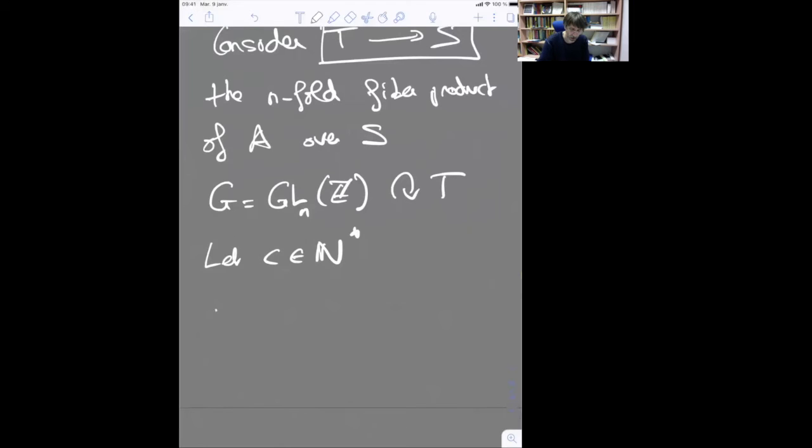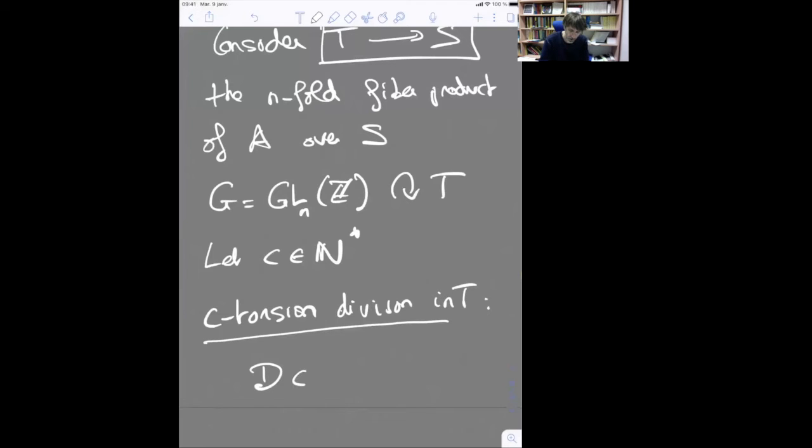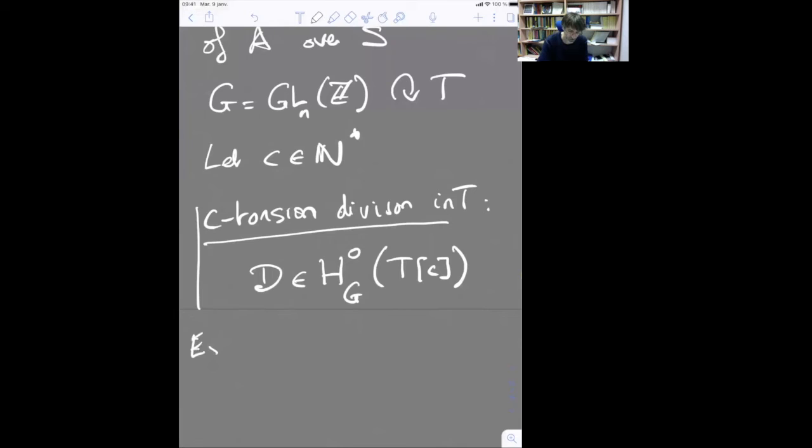Then I can consider what I will call a c-torsion divisor in T. This is an element D in the equivariant H^0 of the c-torsion points inside this family T. For example, and you can really stick to this, you can take D equals 0.